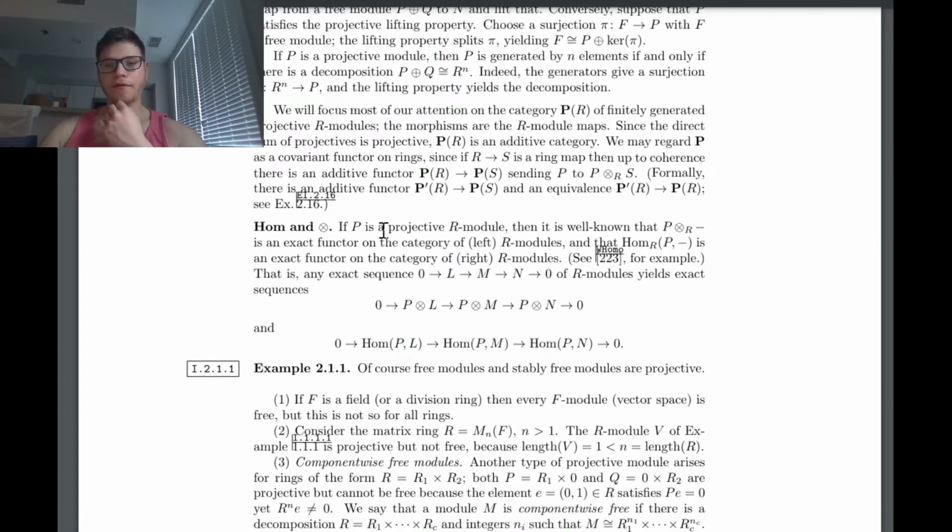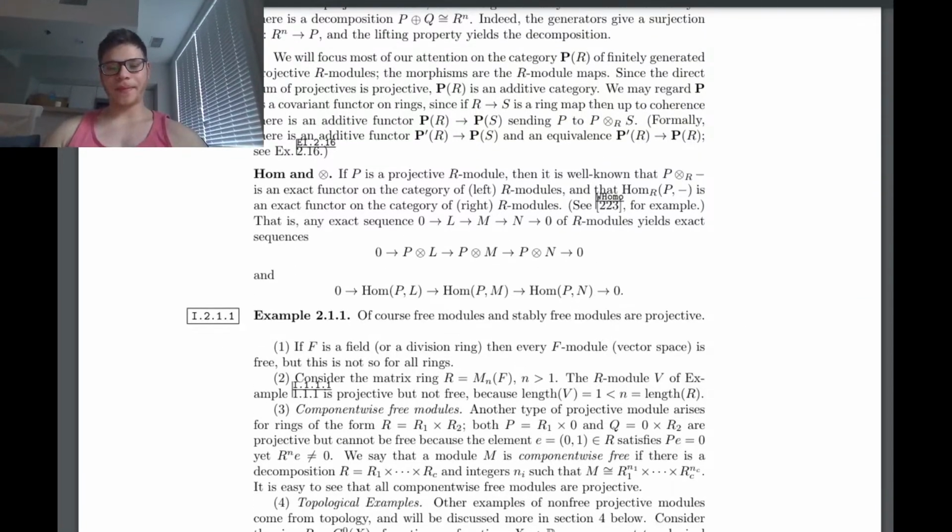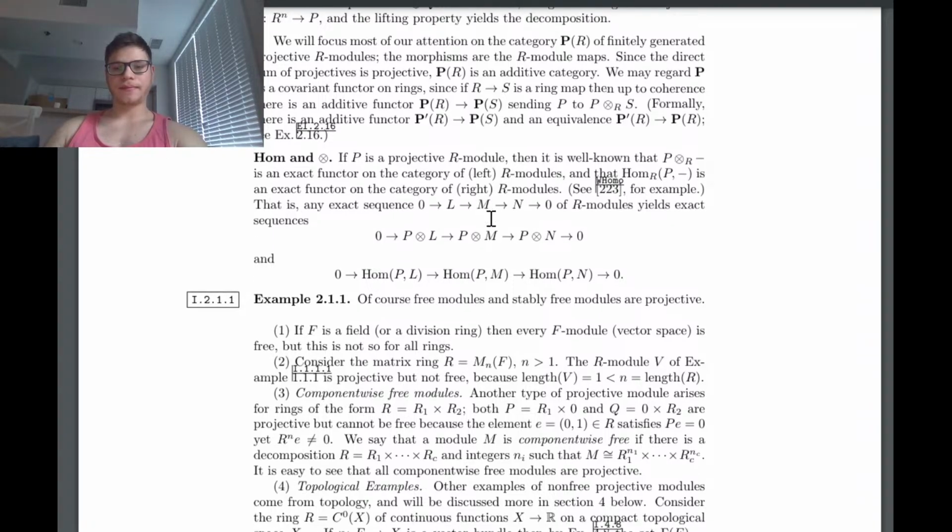So if P is projective, then the tensor product is exact and the Hom functor is exact. The fact that the tensor functor is exact is not trivial.